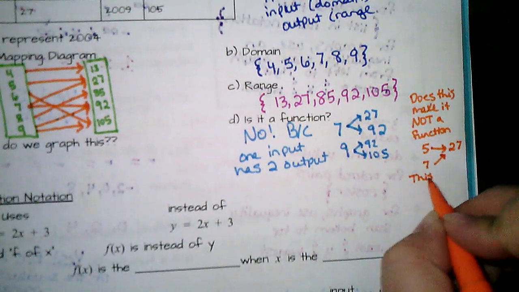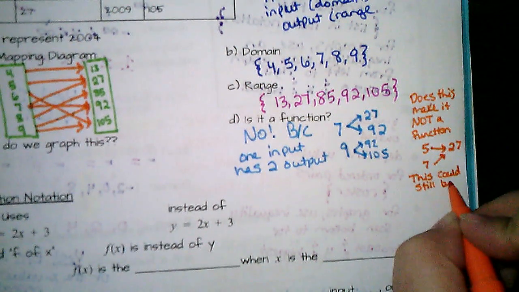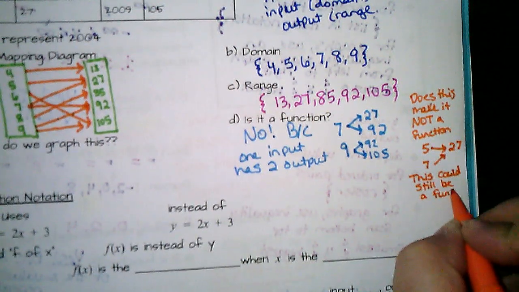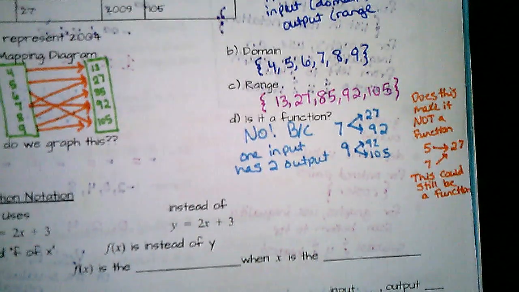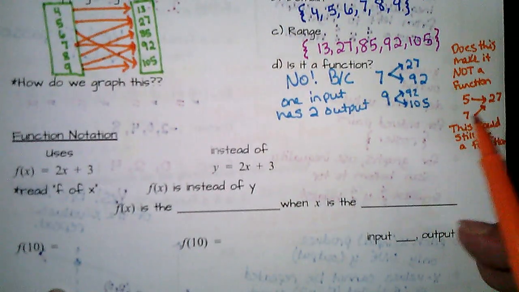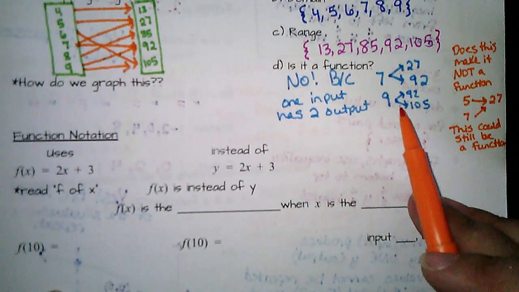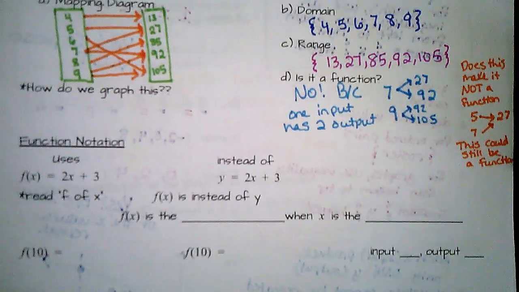This could still be a function. I only care about where the arrows start from, not where they end up. Okay, so they can point to the same number, they can't start from the same number. So if you have two arrows that originate at the same place, not a function.